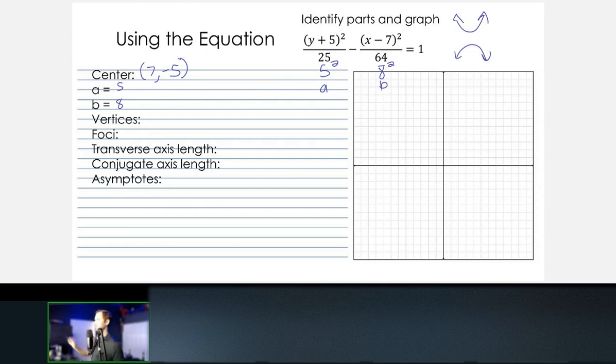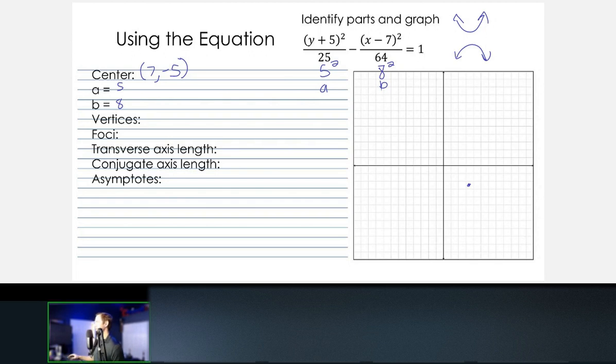Over 7 and down 5. 2, 4, 6, 7. 2, 4. All right. So I think that's 7 comma negative 5. Do all of you agree with where I put that point, if I counted by twos? Okay, so it looks good. All right, so there's that point.